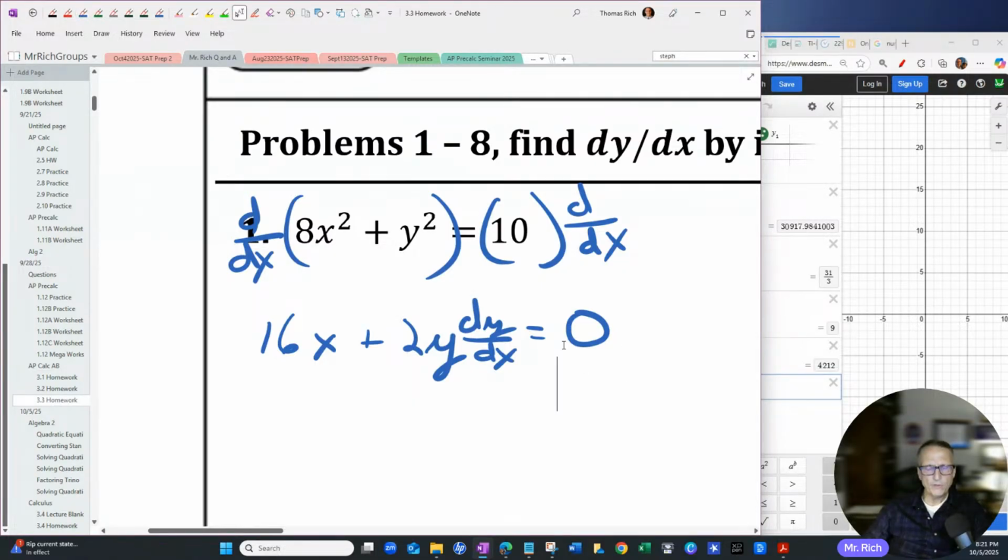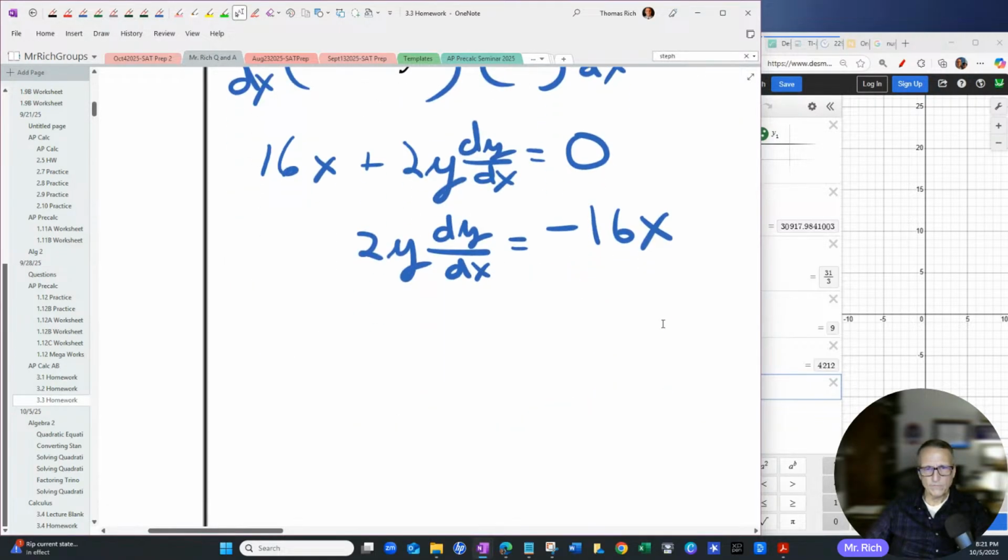And then what we do is we're going to solve this for dy/dx. So I will move the 16x to the other side. We'll leave this as 2y dy/dx here on the left. That comes over as a negative 16x. And then we're just going to divide both sides by 2y, right?